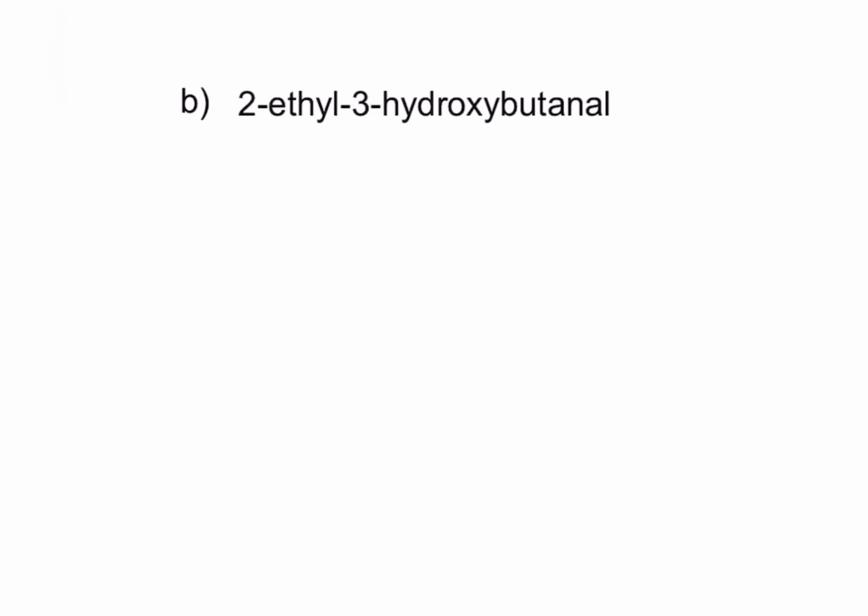I have 2-ethyl-3-hydroxybutanal. So my parent is butanal, still an aldehyde, with 4 carbon atoms. So I'm going to draw 4 carbon atoms for my aldehyde, in the skeletal structure. Don't forget to give the numbering.